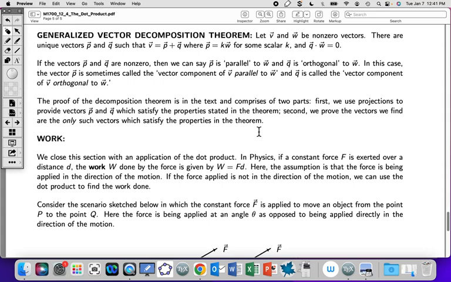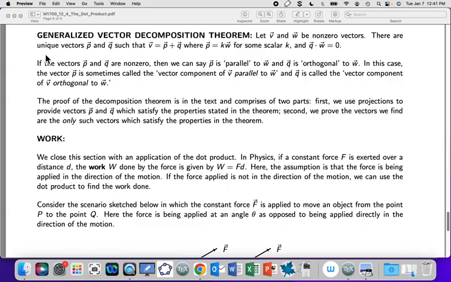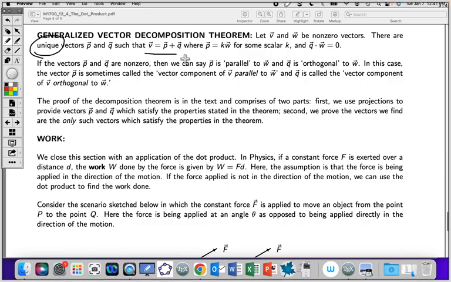So V and W are non-zero vectors. There are unique vectors, P and Q, so that V equals P plus Q, where P is parallel to W. In other words, P and W are off by a scalar, and Q is orthogonal to W.